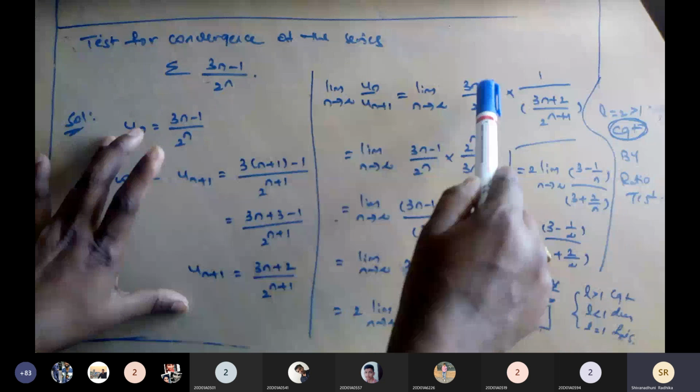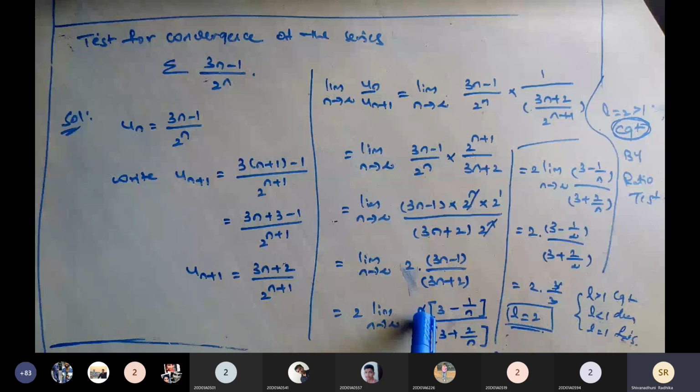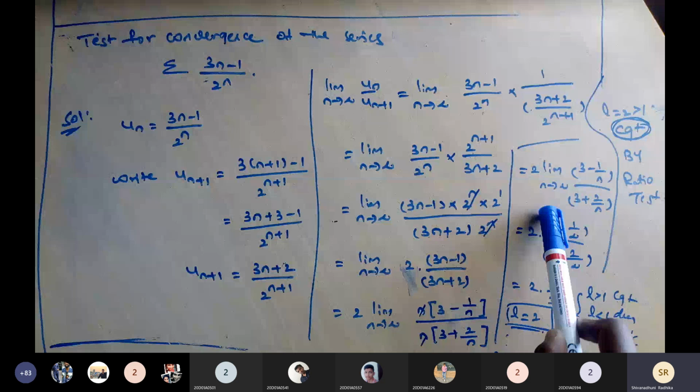In the simplification, compulsorily we have to take n common, because n is in the numerator and n is in the denominator. It is clear? Again, by the cancellation, n get cancelled. Then substituting the limit value, that is n tends to infinity, we are getting the value.